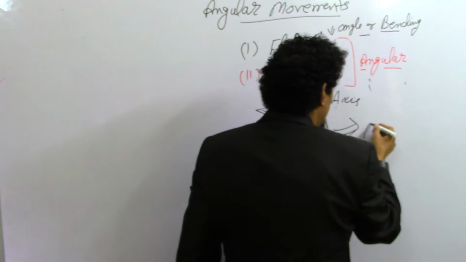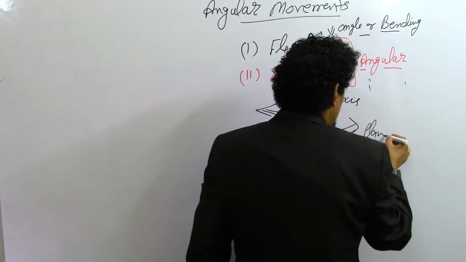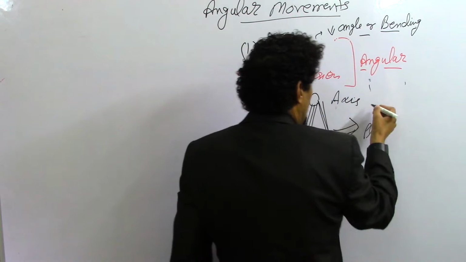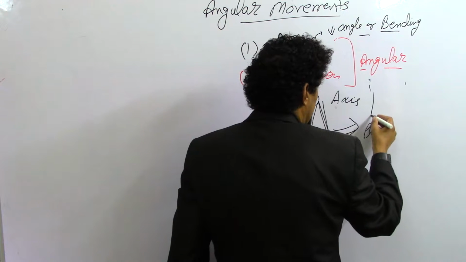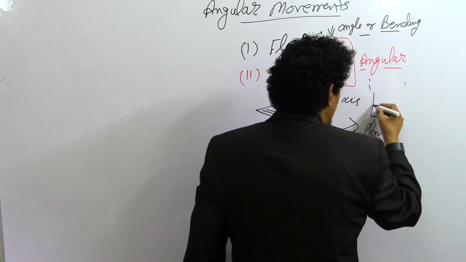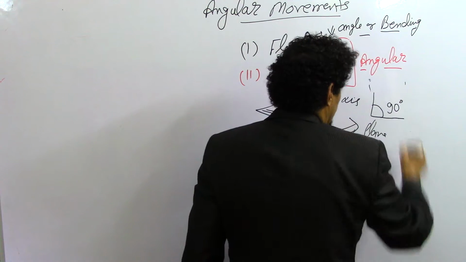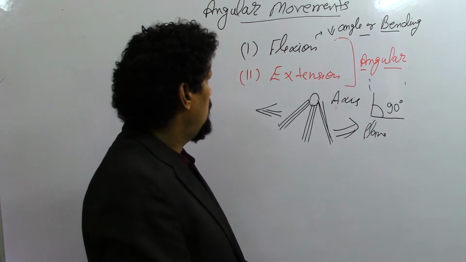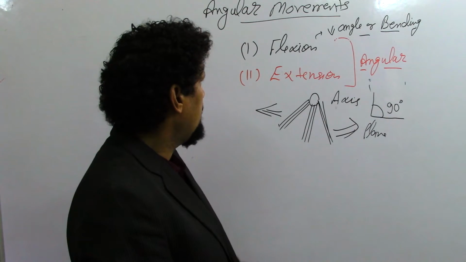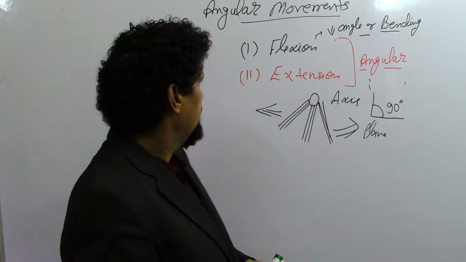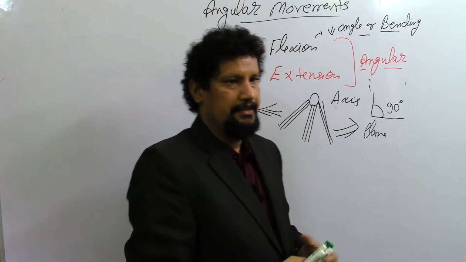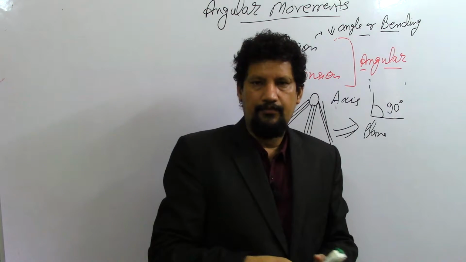This is the plane of the movement and this is the axis of the movement, and both are perpendicular, or at a 90-degree angle, to each other. So all flexion and extension movements are taking place in the sagittal plane.